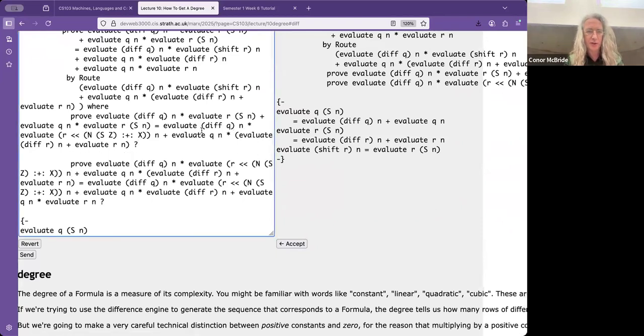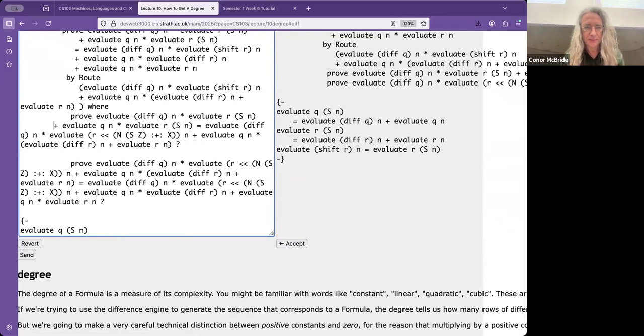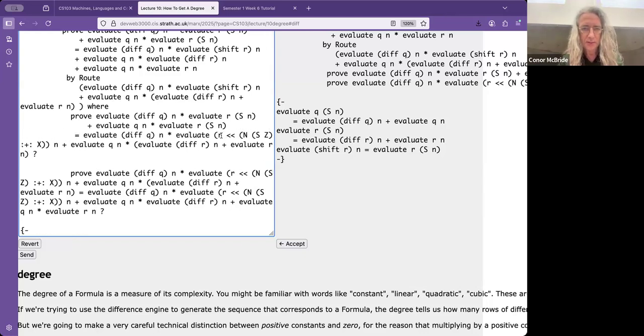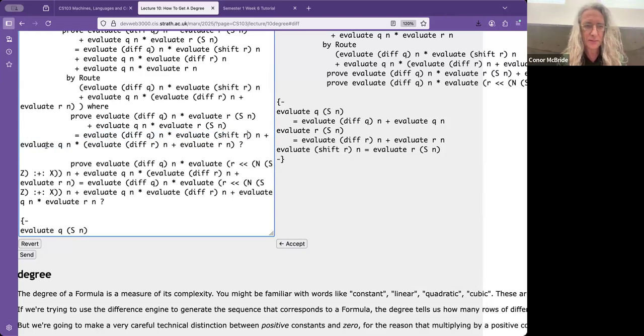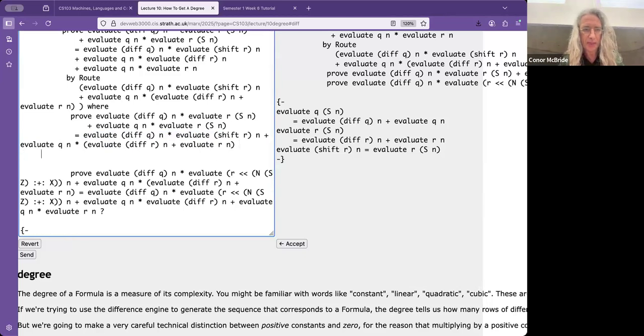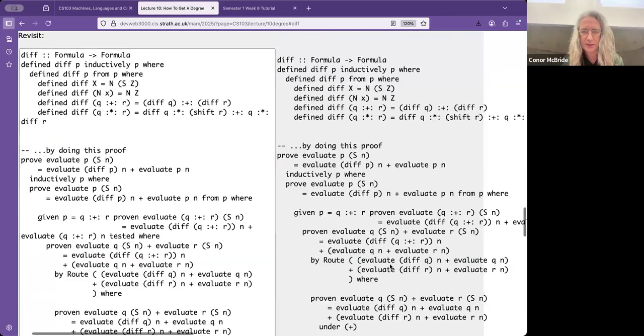The first sub-goal is to justify what I just did. And that's going to be a load of under, with annoying shift again. Right, I'll tidy this up. Right, so that's under plus.